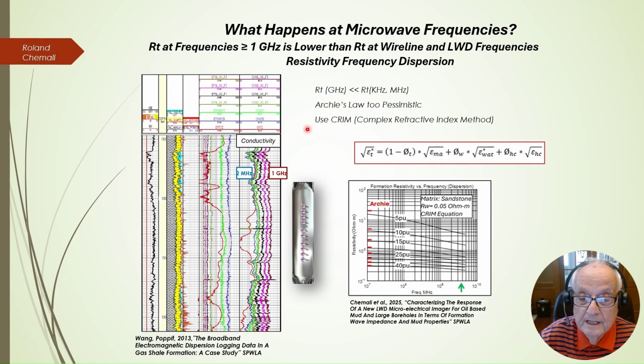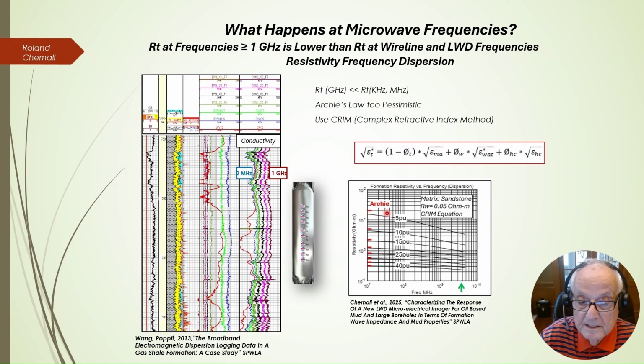You have to use the CRIM, complex refractive index method, and that is the equation for the CRIM. I co-authored a paper in 2025 with my friends at WellID, where we show that the resistivity, which we call the Archie resistivity, at frequencies of megahertz or less, can drop significantly.